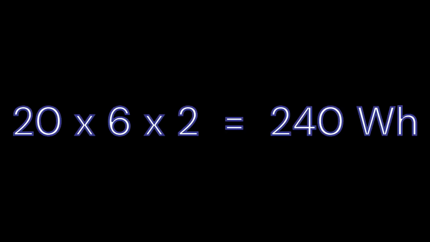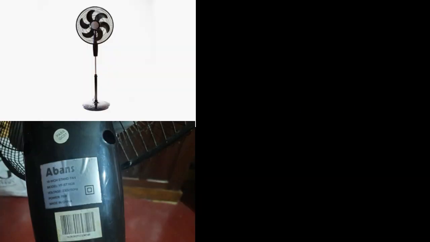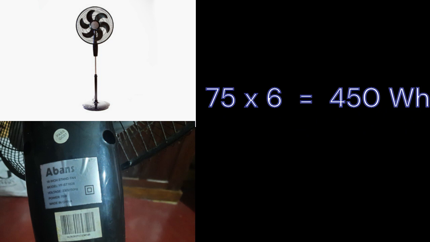Then 20 into 6 into 2 will give 240 watt hours. This is the electricity consumption of these 2 bulbs for 6 hours for that day. Let's say this fan works for 6 hours. So 75 into 6, 450 watt hours will be consumed.